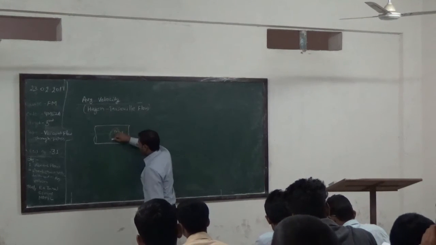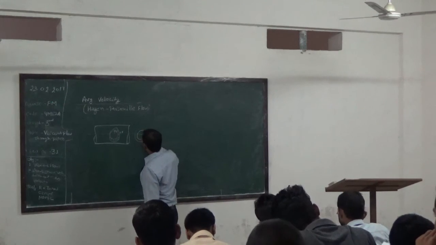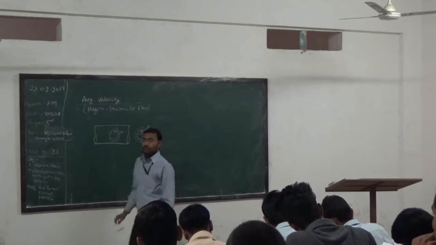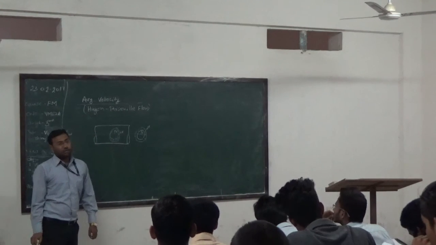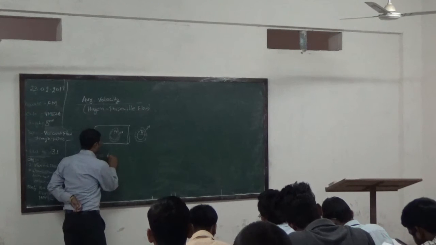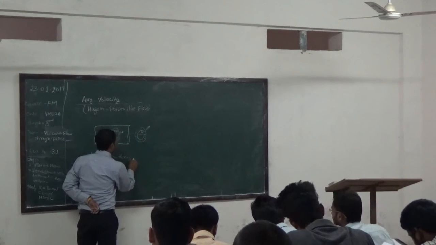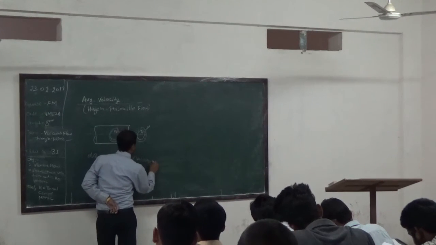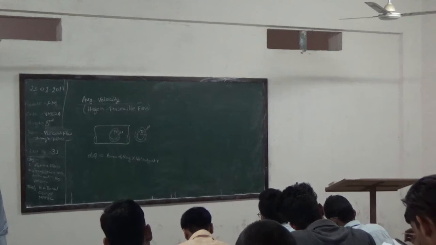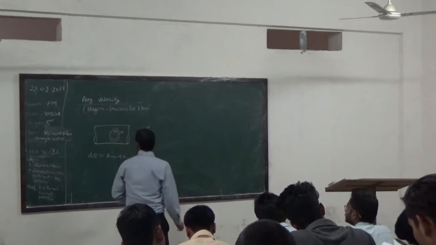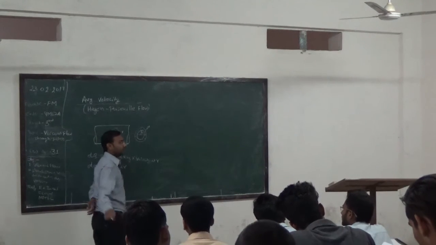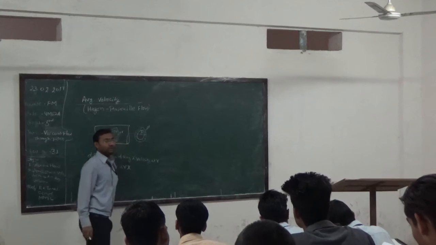So the discharge through this small circular ring will be area, which is 2 pi r into dr, into velocity at r.